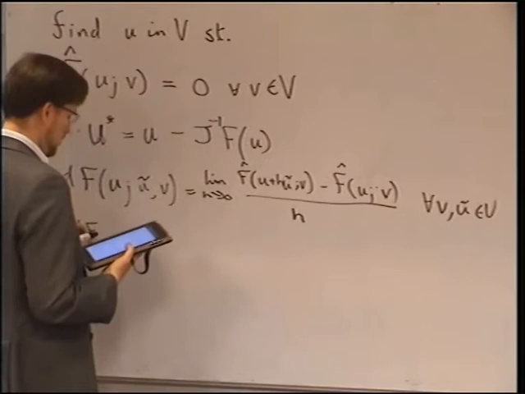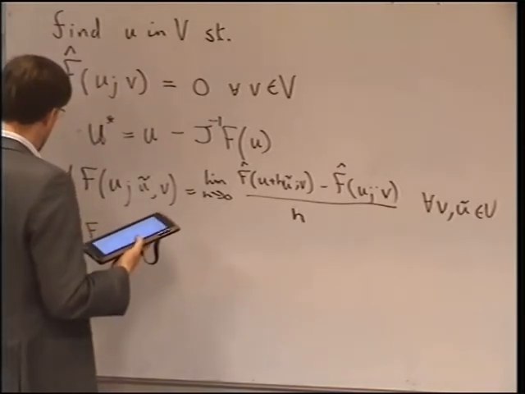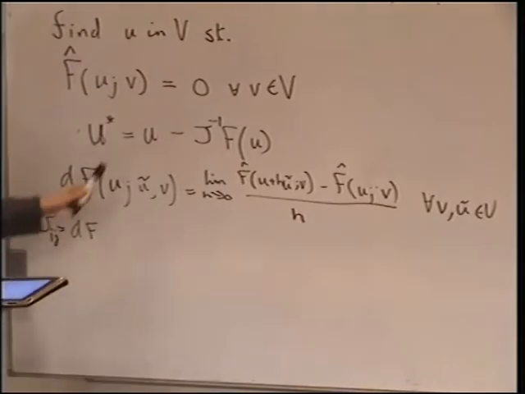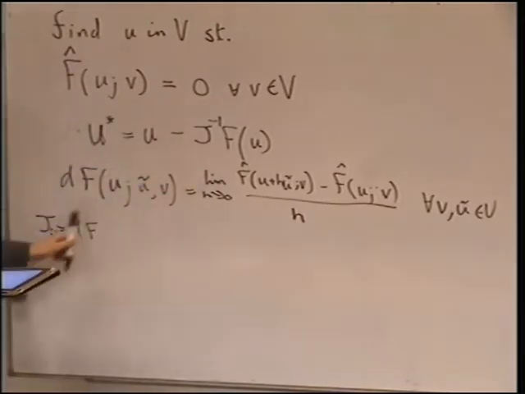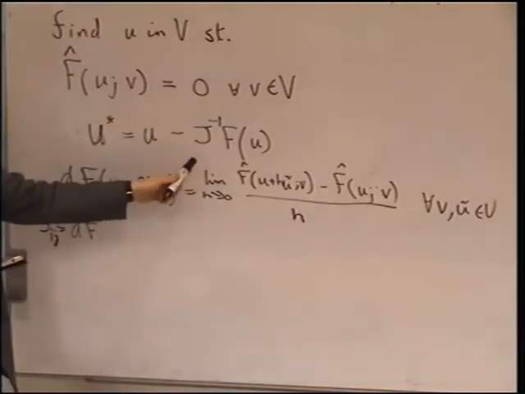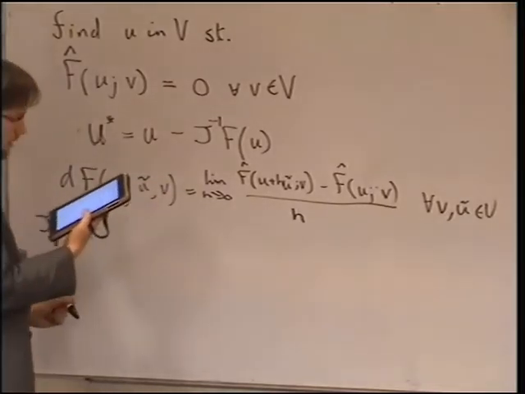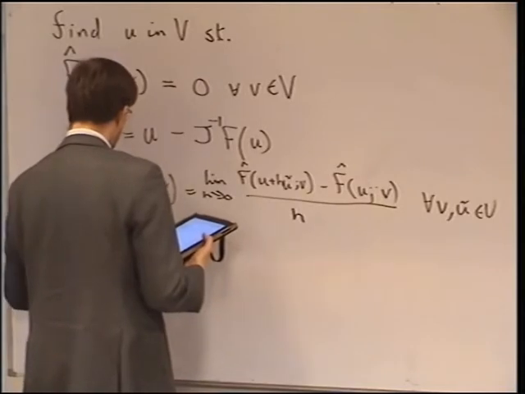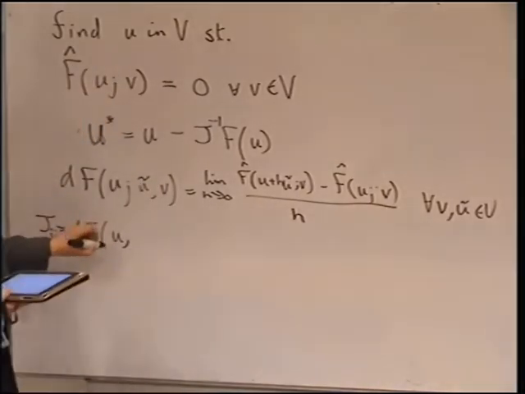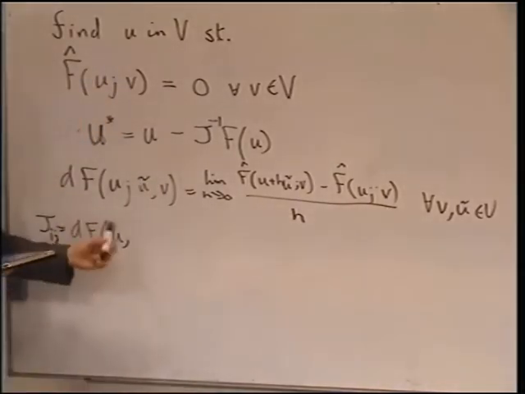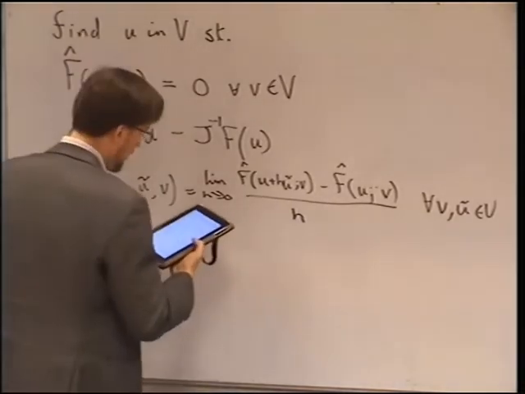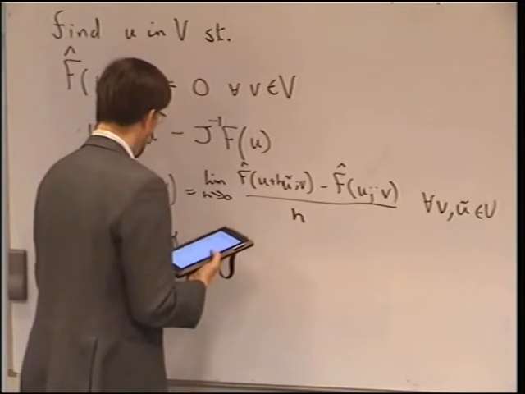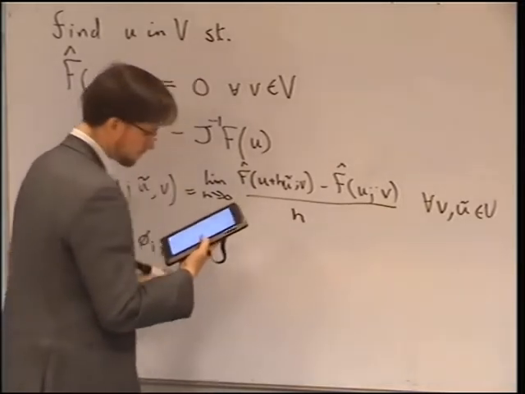So J_ij, this matrix that we solve here to produce our update to our solution, is equal to df of u, so it's still linearized about the current guess that we put in. That's sort of the point of these update methods. And then phi i, phi j.